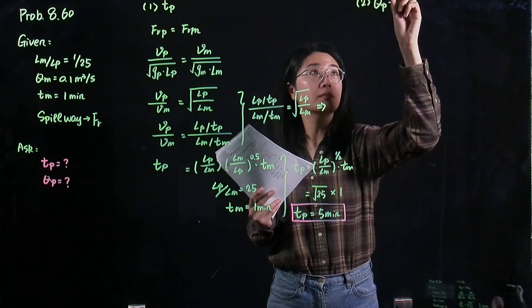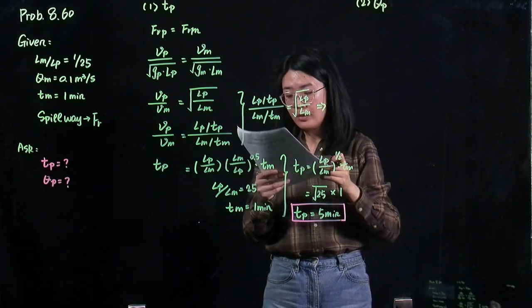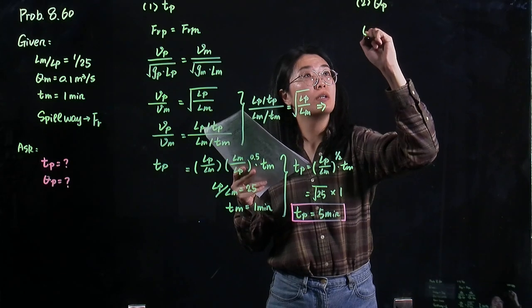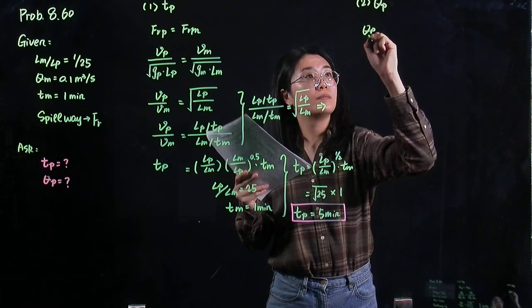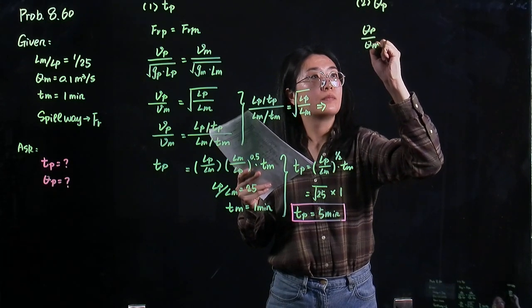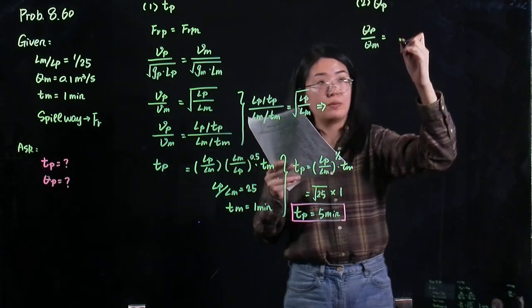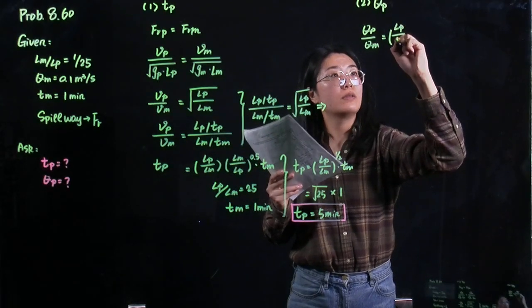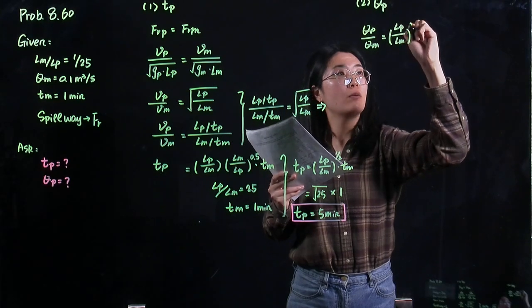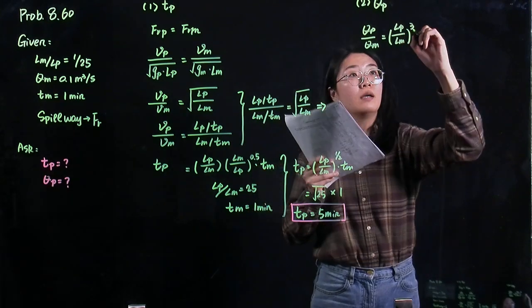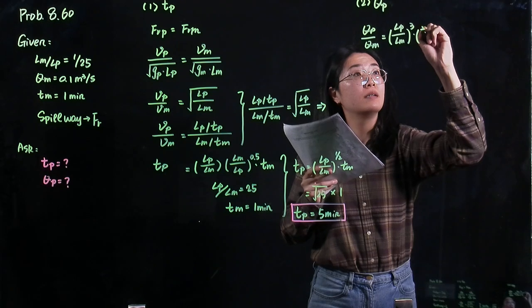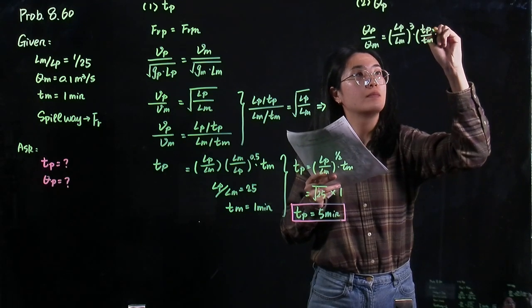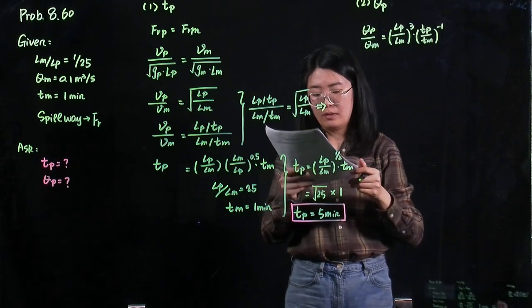So the ratio of the discharge should equal the ratio of the length to the power of 3 divided by the ratio of time. Right?